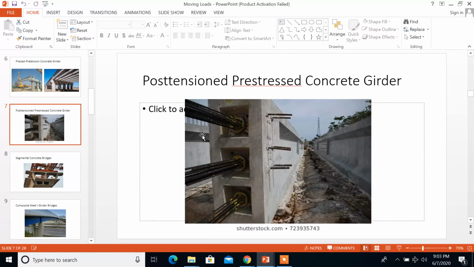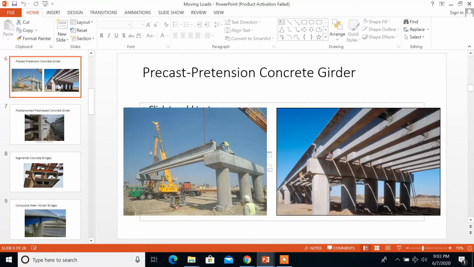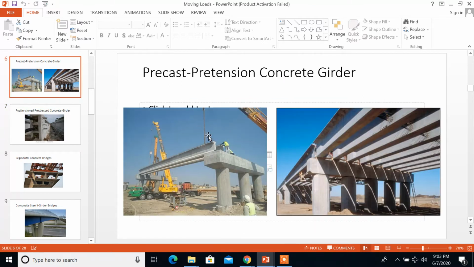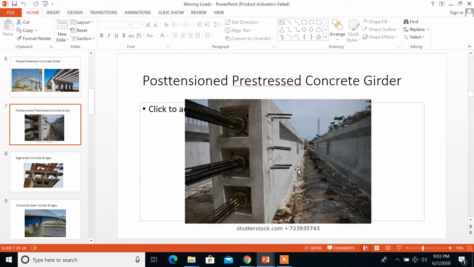Then next, for the post-tension pre-stress concrete girder, ang difference pala ng precast and post-tension, yung precast, ginawa na siya sa pabrika. I-deliver na lang siya ng mga truck, then ipapatong. Yung post-tension kasi, doon na siya tinetension, doon na siya binabatak sa site.